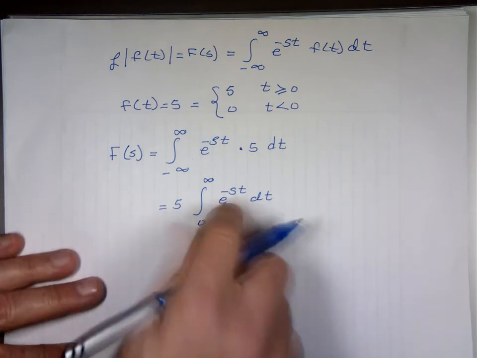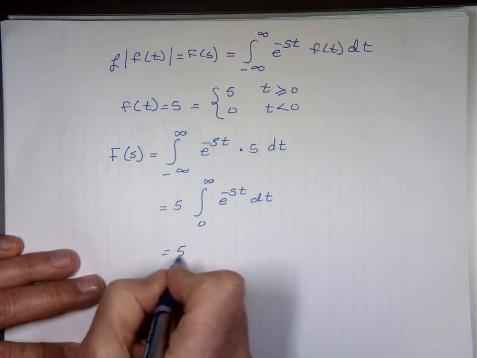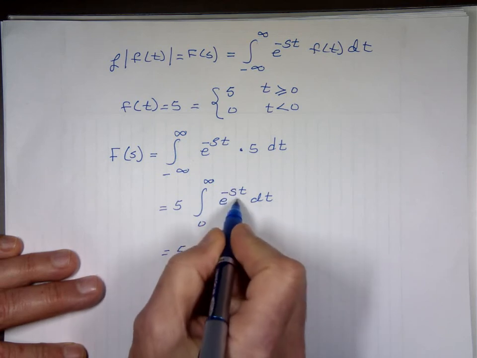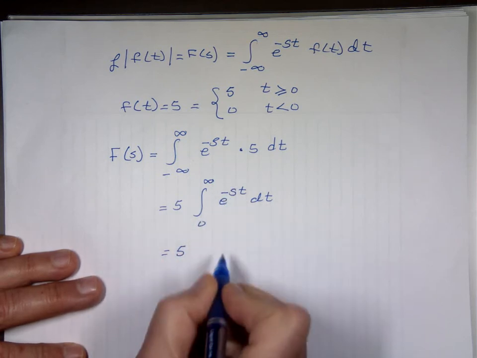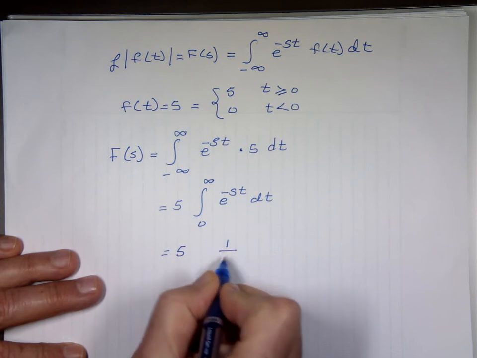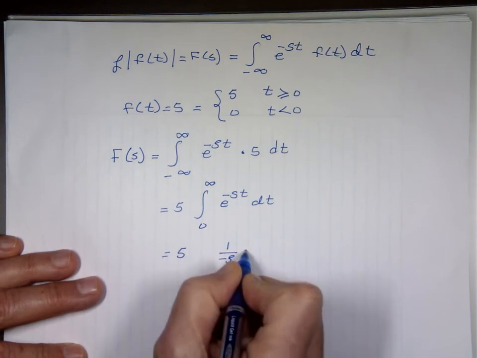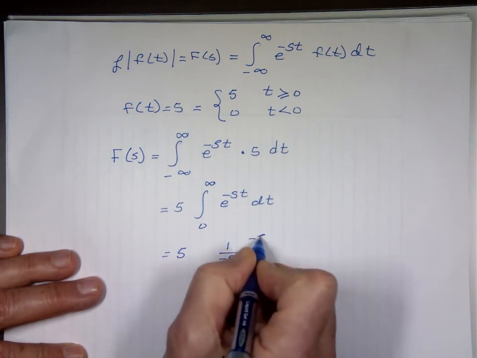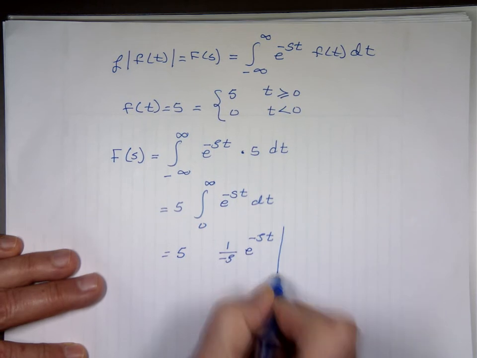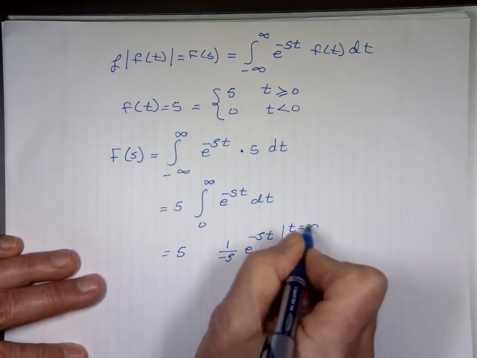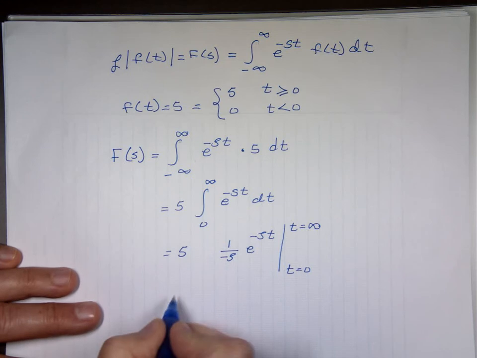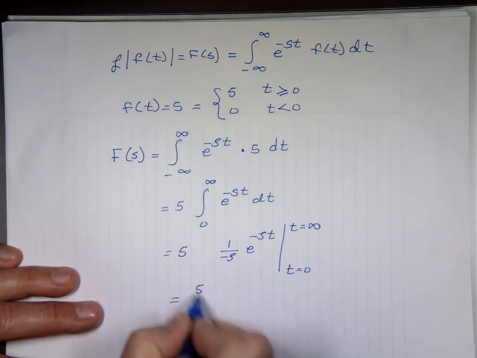Now there's the 5. The integral of e to the minus st, you're doing the integration with respect to t, so s is a constant. So it's 1 over negative s, e to the minus st, as t goes from 0 to infinity. So that's 5 over negative s. That's an s here.